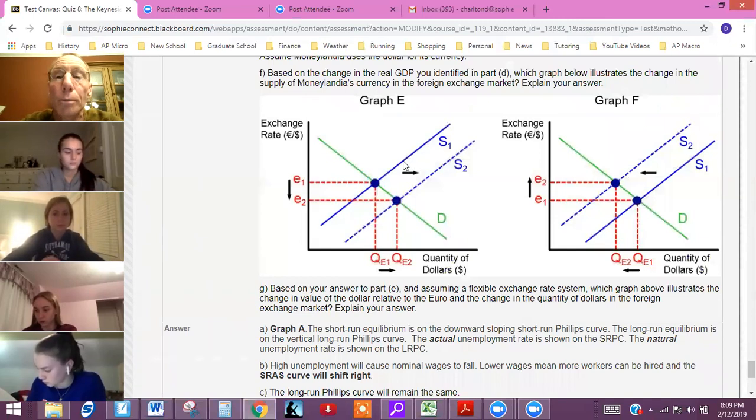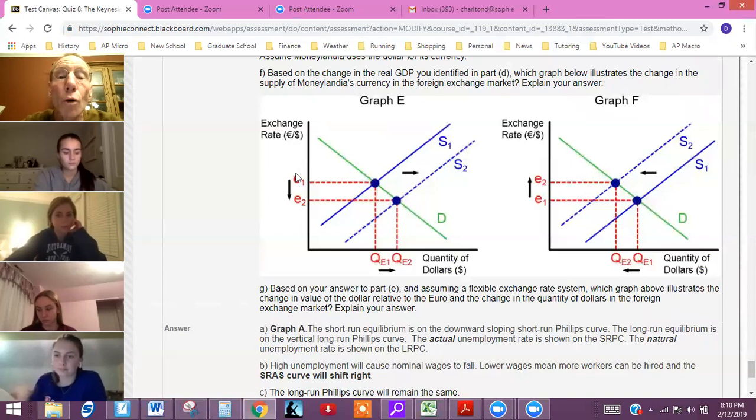So if the supply of dollars shifts to the right, then the exchange rate, the value of the dollar, goes down. In other words, it takes fewer euros to buy a dollar. Once again, the quantity down here is in dollars, so dollars are in the denominator.